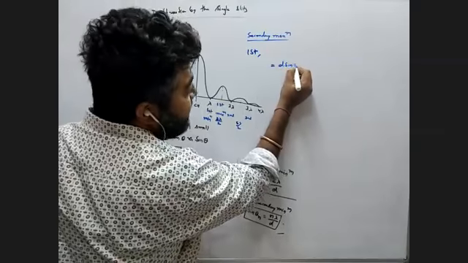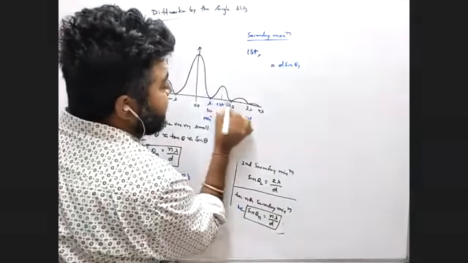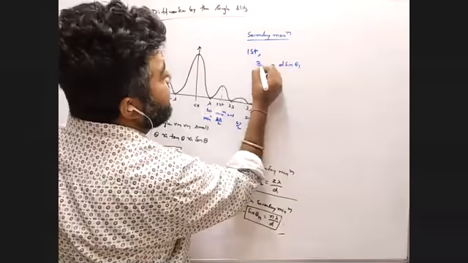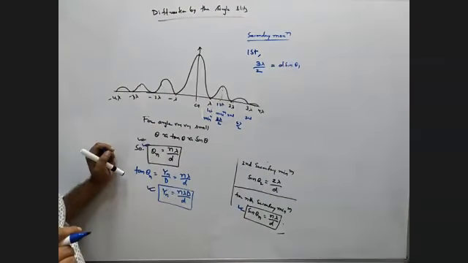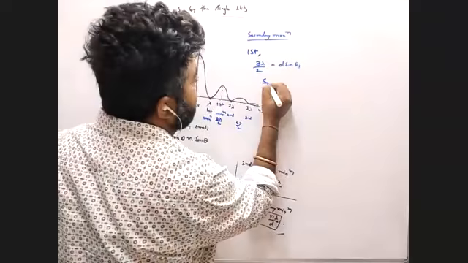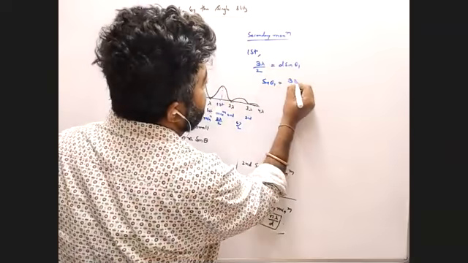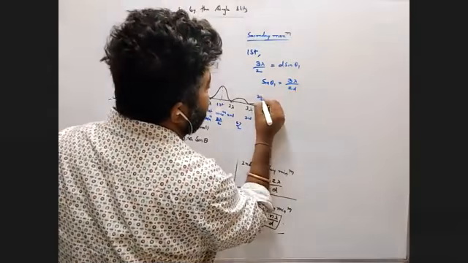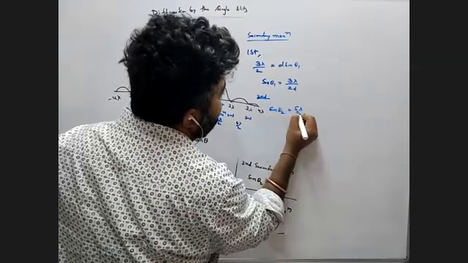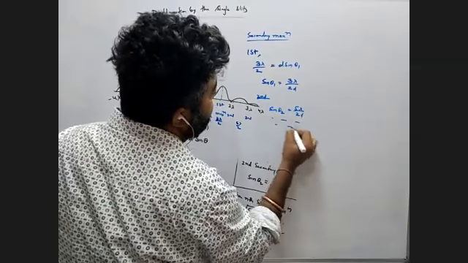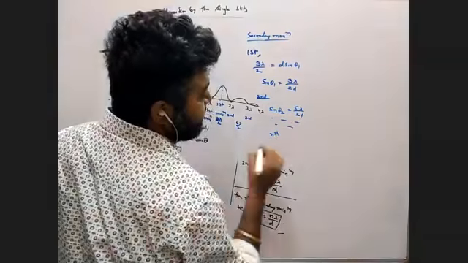d sine theta 1 for the first one. See, in between these two, we can write 3 lambda by 2. Is it clear? Can we write this? Yes, sir. So sine theta 1, what do we have? 3 lambda by 2d. For the second, we can write 5 lambda by 2d, and so on, for the nth. Try to understand.